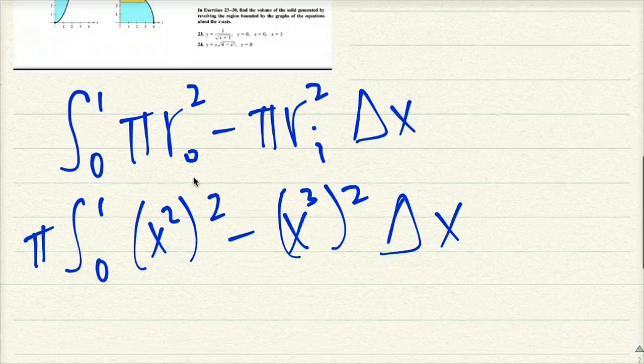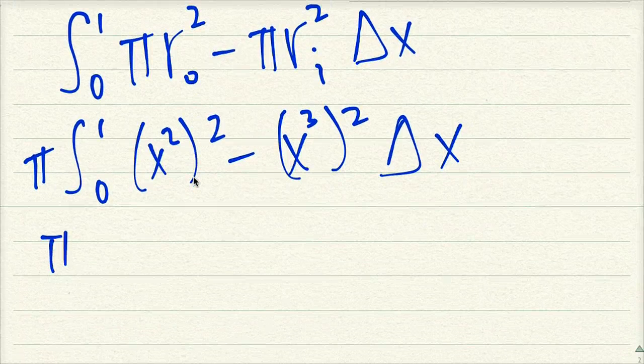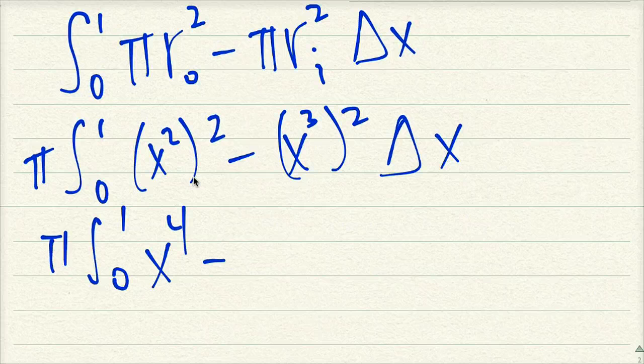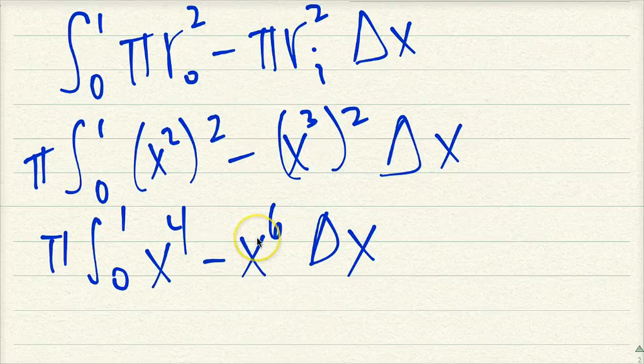You may notice that I could simplify this so much easier by multiplying these exponents. So this becomes x to the fourth, and this becomes x to the sixth. I can't reduce that, I can't add these together, they just have to stay as they are. So now I finished up my integral, how this is supposed to look.